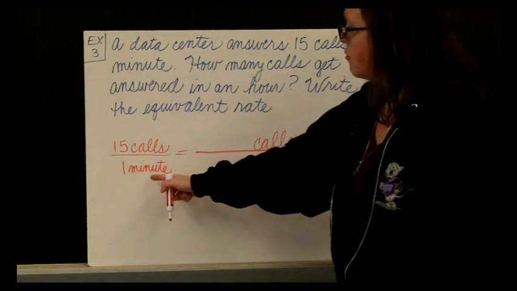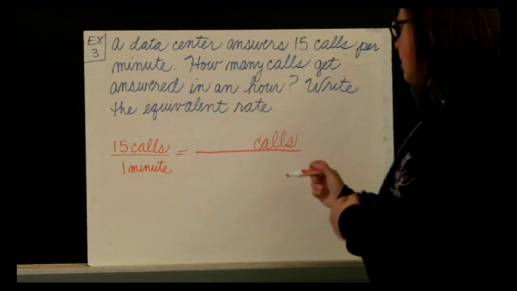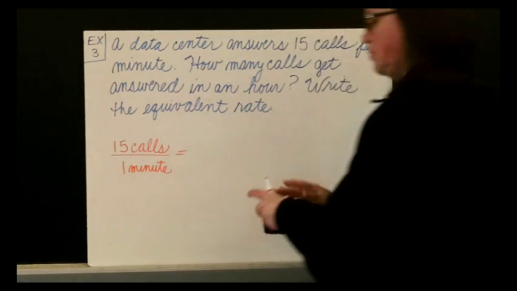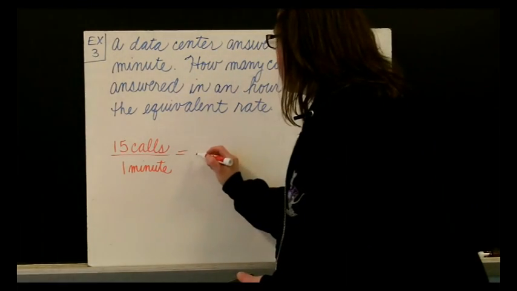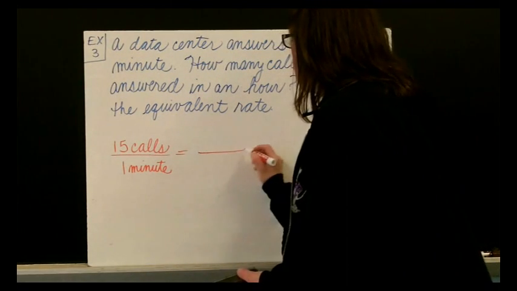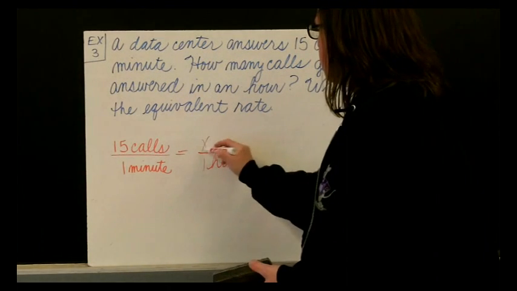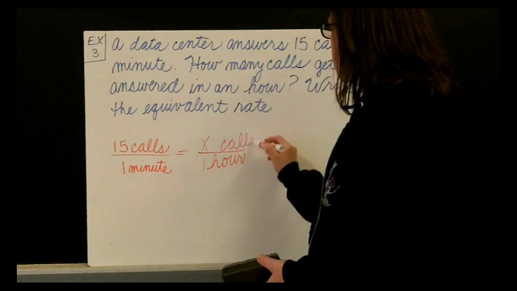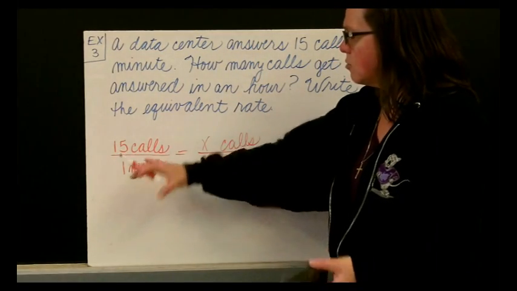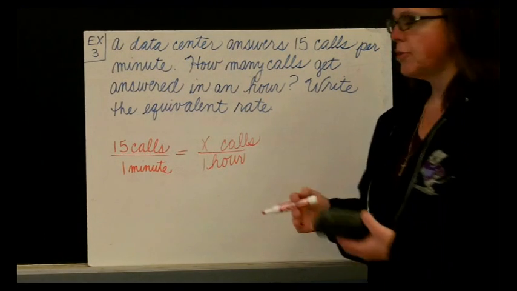Now, we're moving from minute to hour. So we're going to convert. We want to know how many calls there are in 1 hour. What we need to do first, because we cannot move between minutes and hours freely, is convert them.